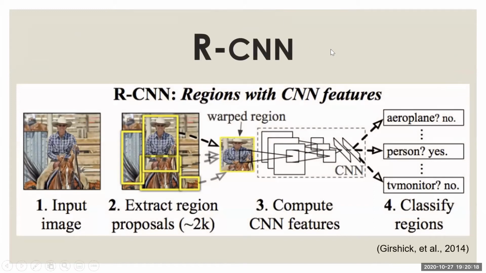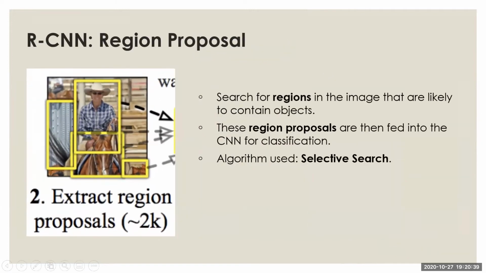Okay, with that said, we now arrive at RCNN. So RCNN is region-based CNN. The R stands for region-based. So this picture here tells us how RCNN more or less works. We have the input image here, and before we feed it into the CNN, we create region proposals.